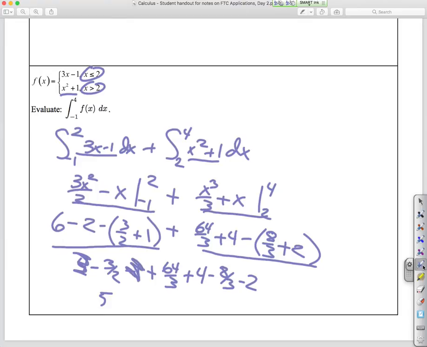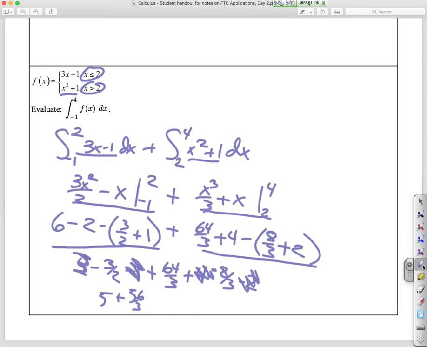So that's gone. Then I have 64 thirds. Was this a positive or negative on the 8 thirds? Negative? So 64 over 3 minus 8 over 3 is 56 over 3.